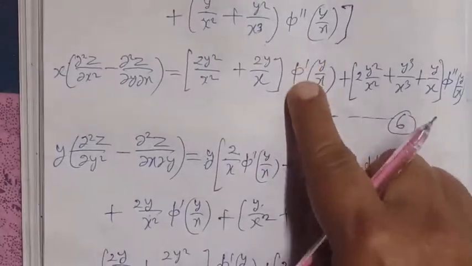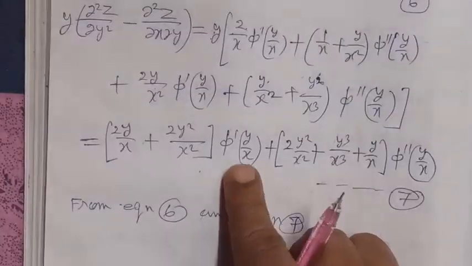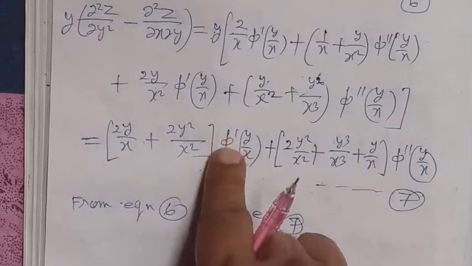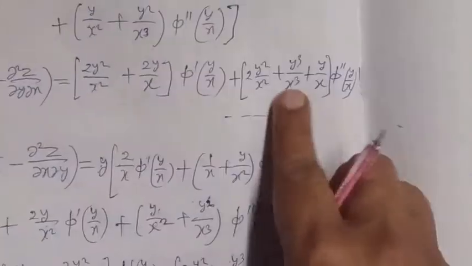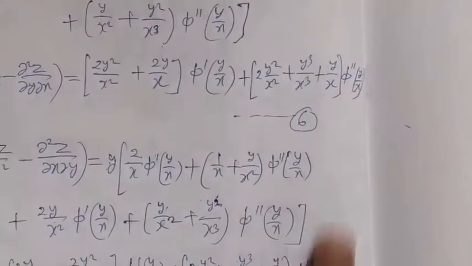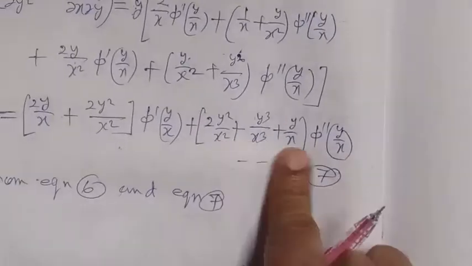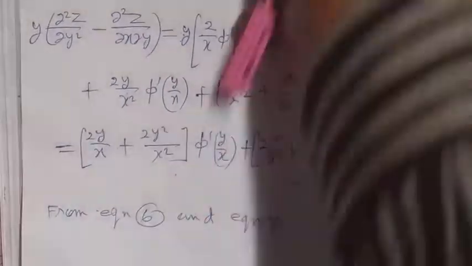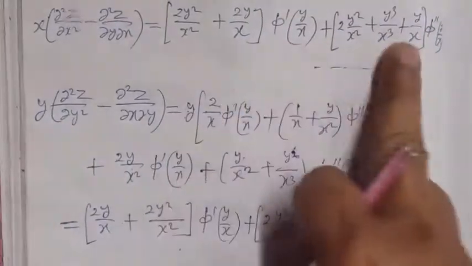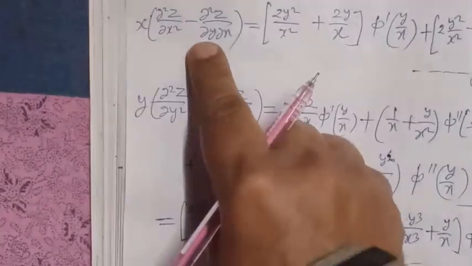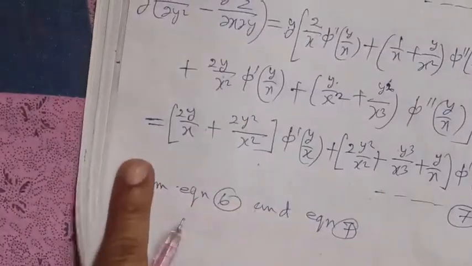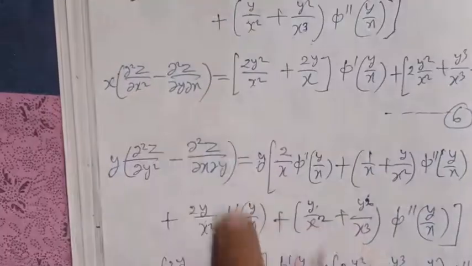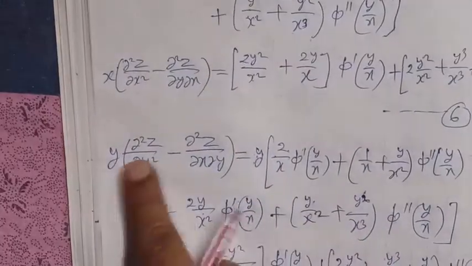This is the coefficient of φ dash, a function of y upon x. Also there is no difference in the values of the second term on the right hand side of both equations 6 and 4. So the right hand sides of both equations are equal, so their left hand sides are also equal.